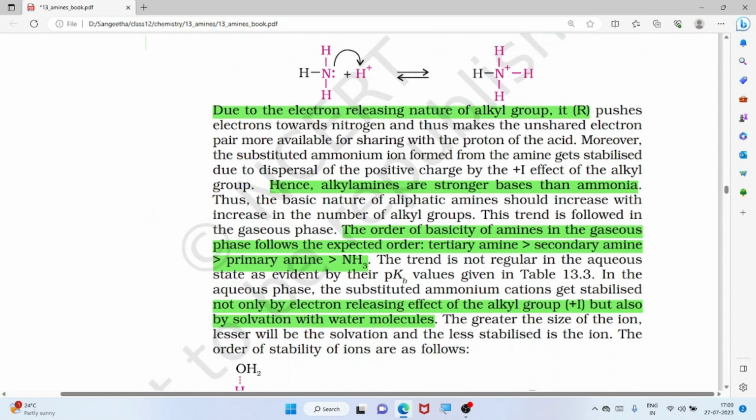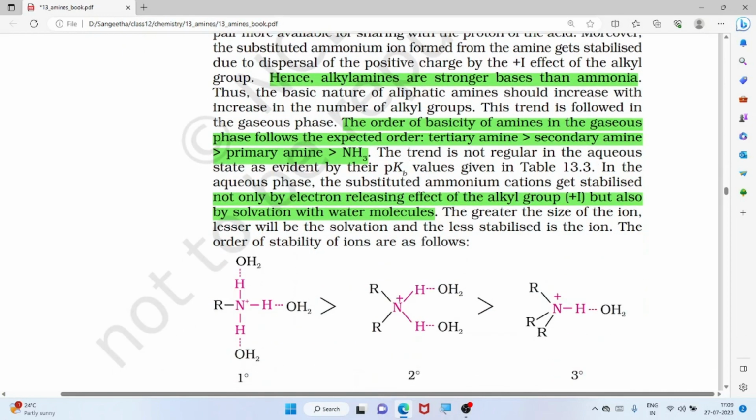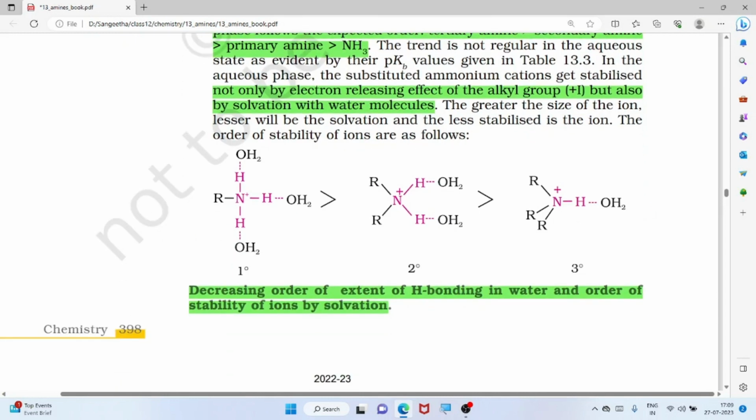Due to the electron releasing nature of the alkyl group, which is the plus inductive effect, alkyl amines are stronger bases than ammonia. In the gaseous state, the order of basicity is tertiary amine greater than secondary, because tertiary has more alkyl groups.